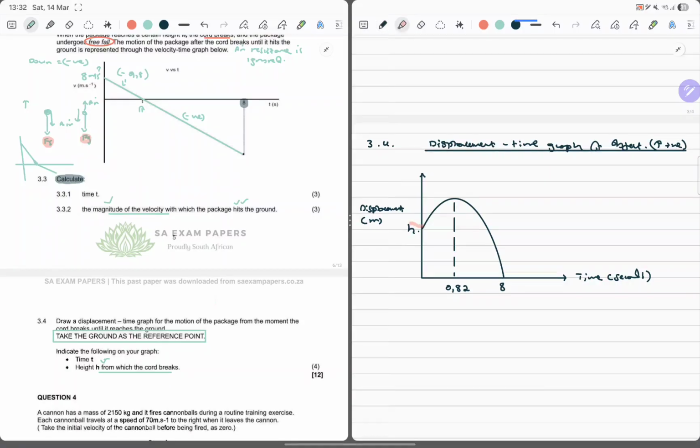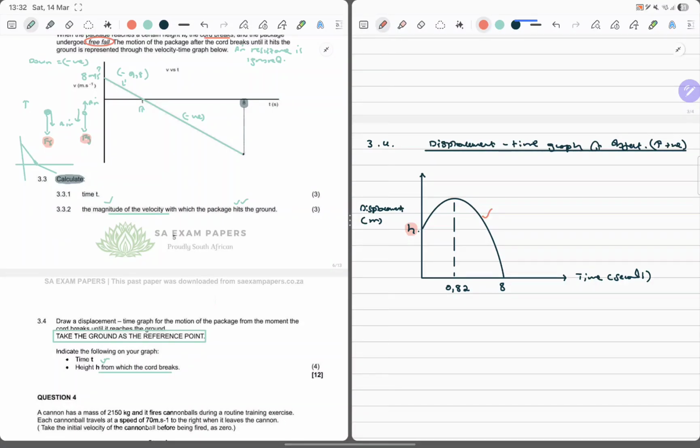I'm not too sure if we have to bother ourselves working out height h, because nobody said we have to. As long as we indicated it, it's good enough. So obviously, guys, we get a mark for the shape.